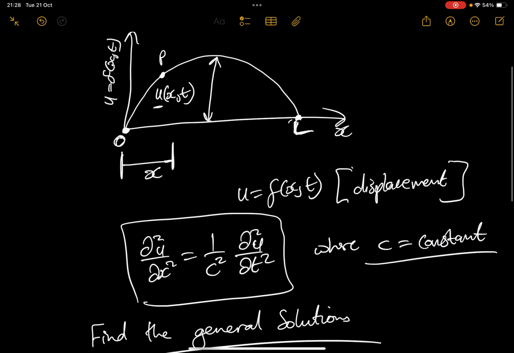What does this mean? This means that a plus b is equal to 0, so that if you multiply this term with this term, you get 0. That's the most important thing. So this means a plus b is equal to 0, that means a is equal to minus b.